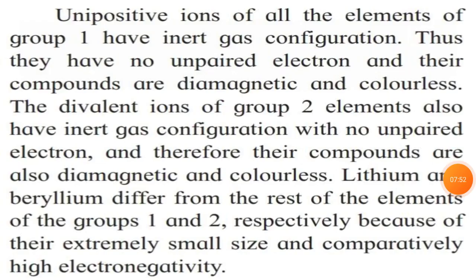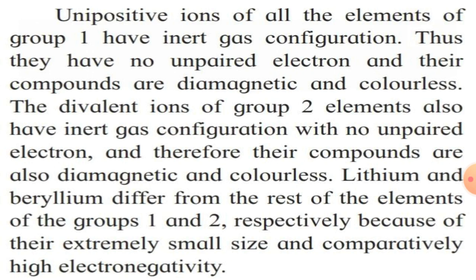So here, students, the unipositive ions of all the elements of group 1 carry a plus 1 charge and have inert gas configuration. Thus they have no unpaired electron.